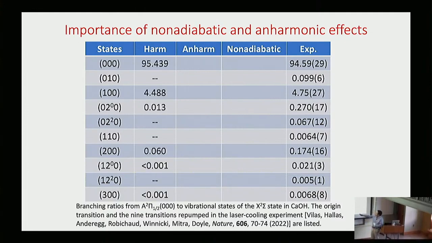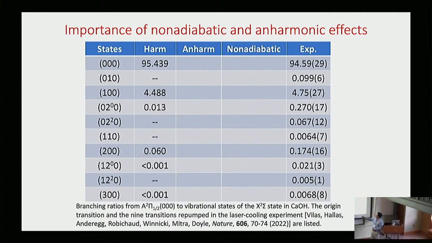The harmonic approximation really can get the 0-0 transition very well, and for the V equals 1 stretching mode, it is also very good, and it falls down a little bit too quickly for the bending mode, and also in general, the harmonic approximation has intensities that fall down too quickly for higher vibrational states. So the bottom line here is that in the harmonic approximation, one would get 3 transitions that one has to repump, but actually there are 9 here in the actual experiment.